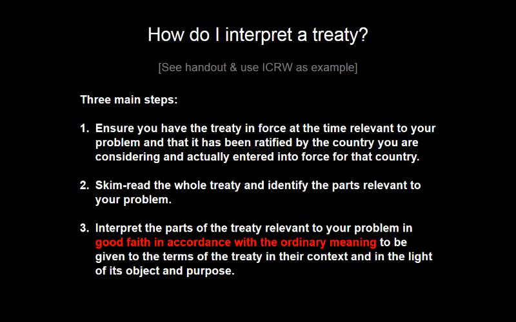So the three main steps are, well, ensure you have the treaty in force at the time relevant to your problem and it's been ratified by your country. That's not normally a big issue. If you're looking at climate change, they're well known, everyone's ratified them pretty well. And then I'd suggest you skim read the whole treaty and identify the parts relevant to your problem, and then interpret the parts of the treaty relevant to your problem in good faith in accordance with the ordinary meaning.